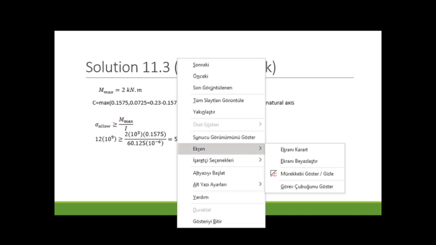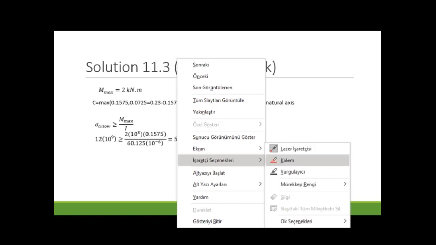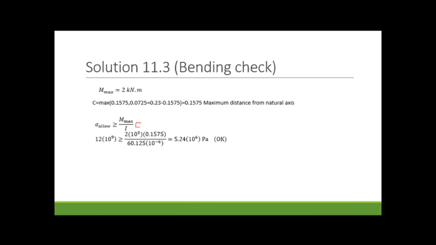I forgot to write, sorry, here I should put the c. After that, the stress values should be smaller than the allowable stress. If I check, this value is 12 times 10 to the power 10. Sorry, I think these are not the units we are using.